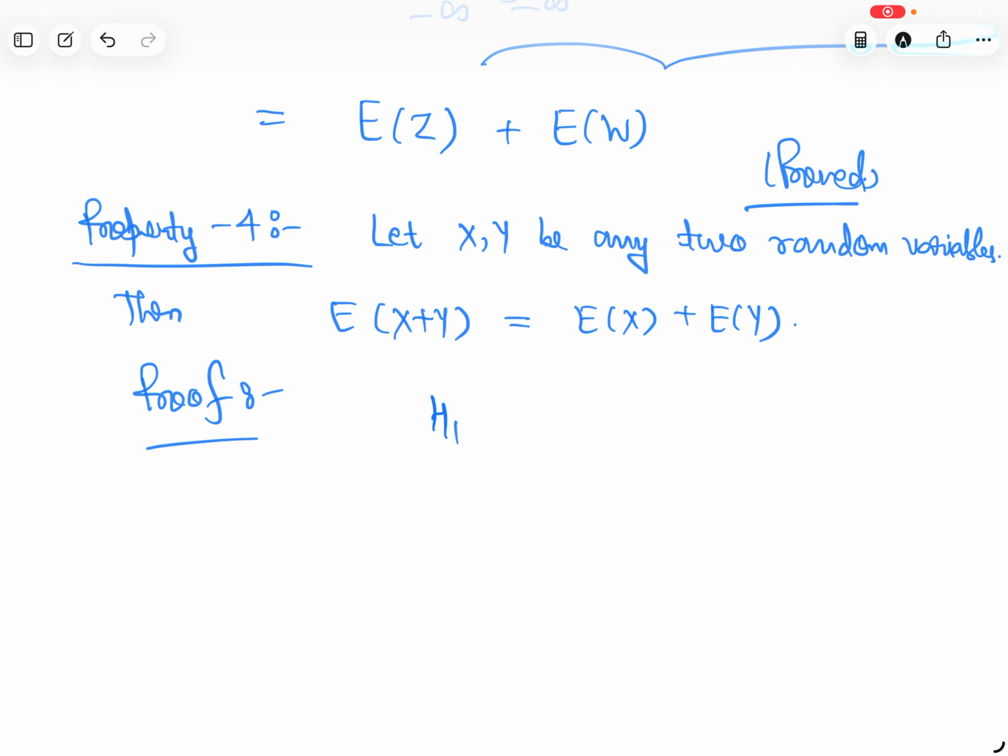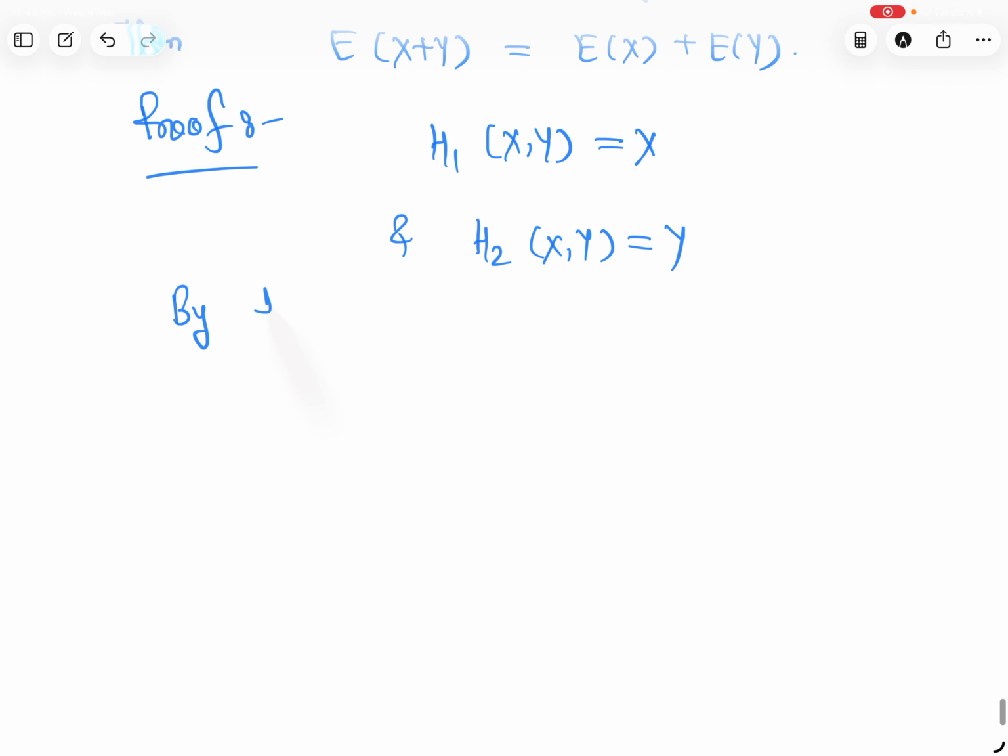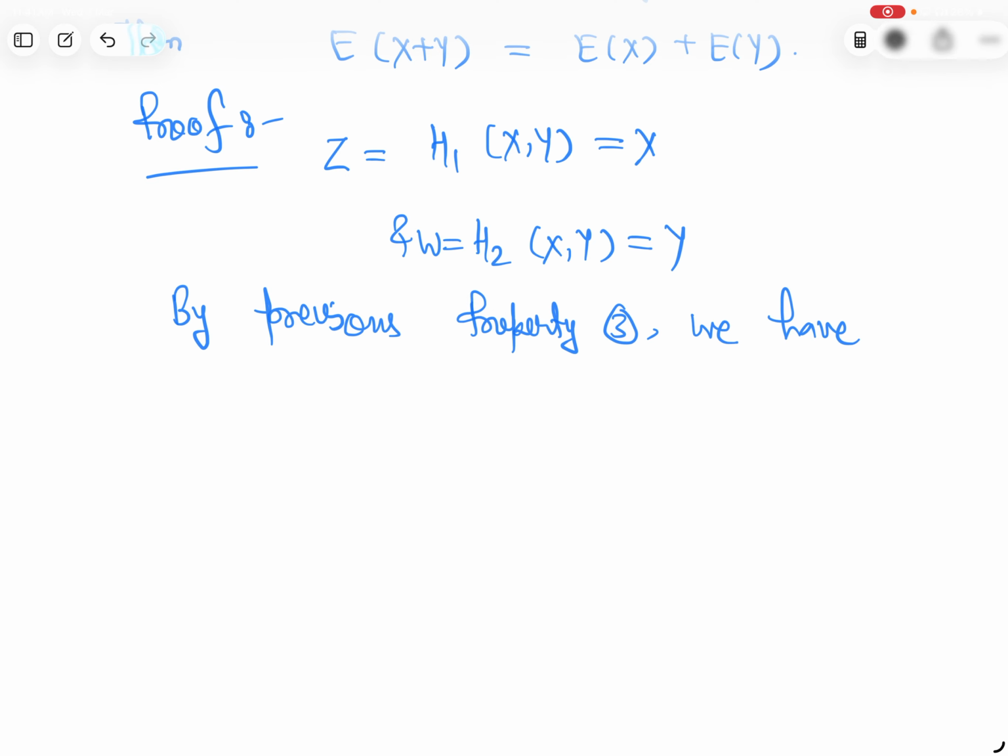I can take h1(x, y) is equal to just x, and h2(x, y) is equal to just y. Okay. By the previous property 3, this is my Z and this is my W. By property 3, we have expectation of X plus Y is equal to expectation of X plus expectation of Y. So it is proved.